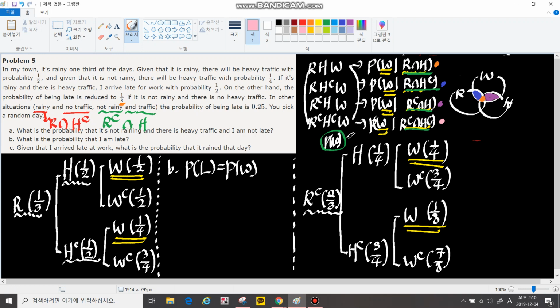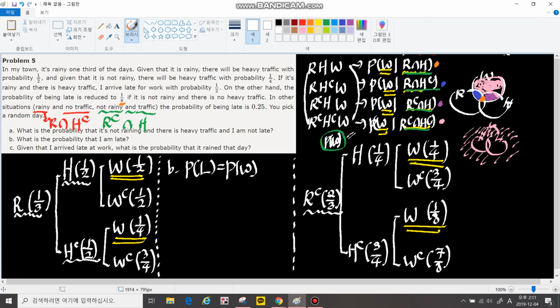R complement is over here, and the H complement is over here, and their intersection is this one over here, and the probability that W happens is going to be this section. Therefore, we get the whole W if you calculate everything.